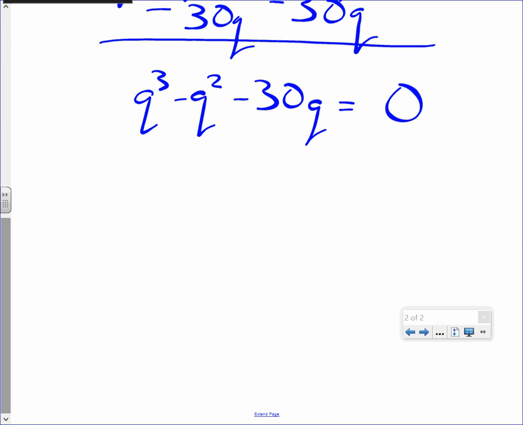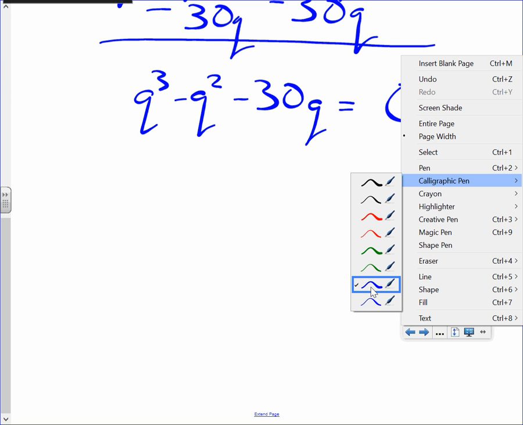What tool are we going to use for this equation? q to the third minus q squared minus 30q. What tool out of the 7 can we use to factor that puppy on the left? When a equals 1? Let's notice, always go here first, huh? GCF. So what's the GCF? q. Rocking and rolling.